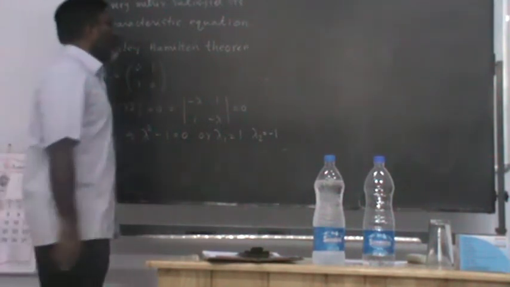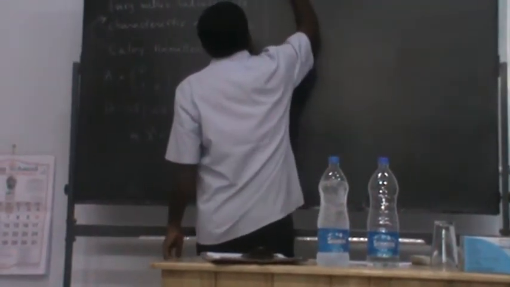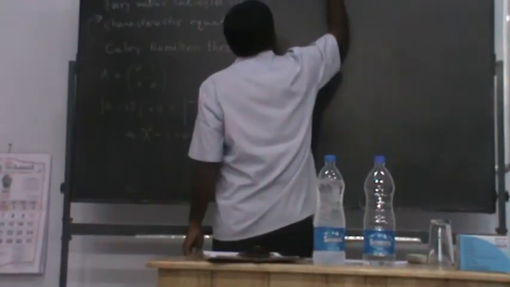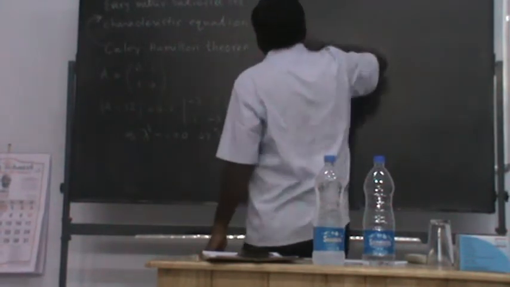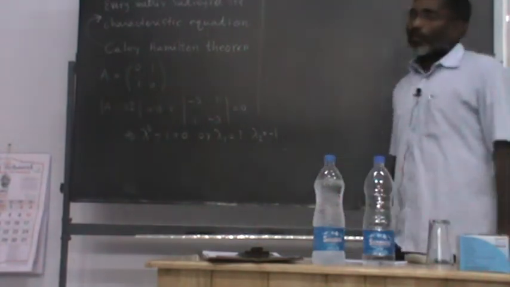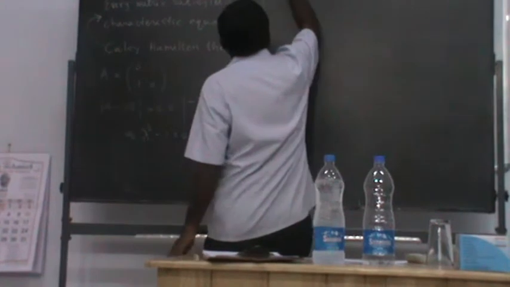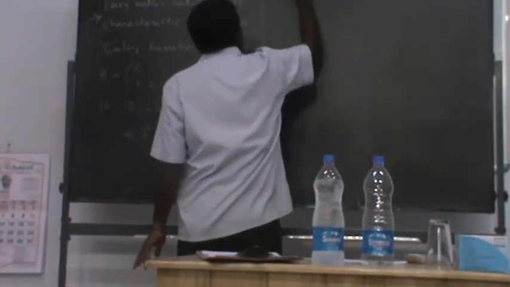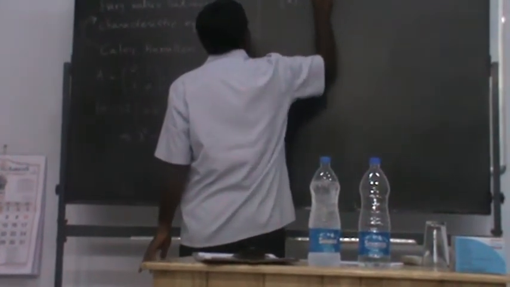Now, if you want to find out the eigenvectors, A acting on some (x, y) will be equal to plus 1 into (x, y). This (x, y) is the eigenvector corresponding to eigenvalue plus 1. But what is A? A is 0, 1, 1, 0. So what will be the right hand side? (y, x) is equal to (x, y).